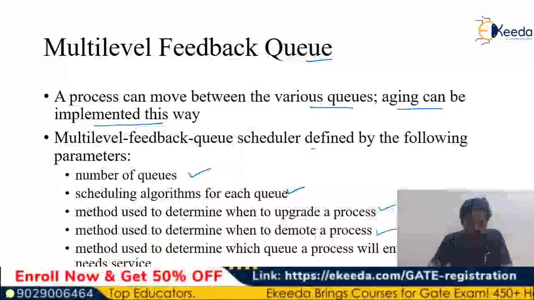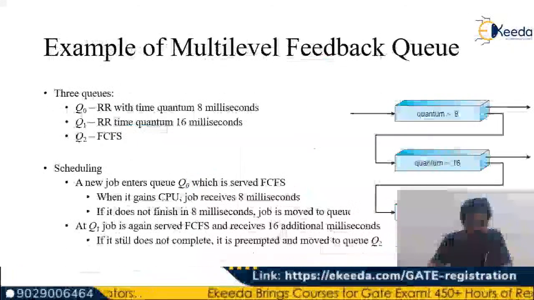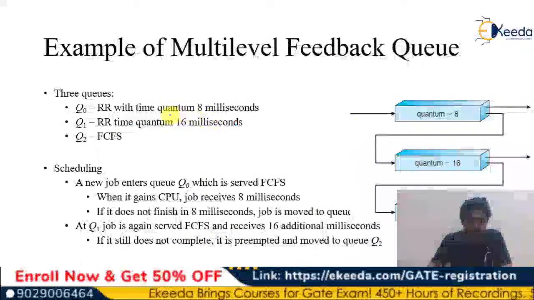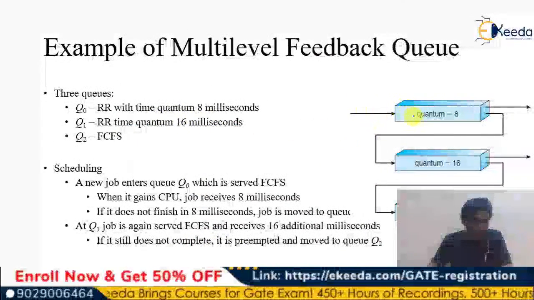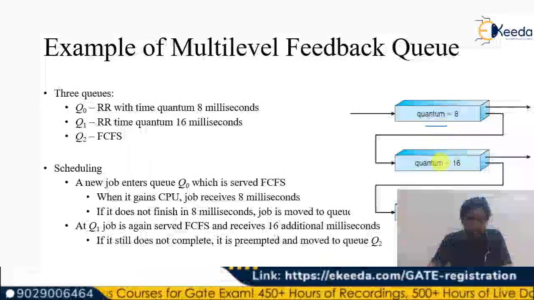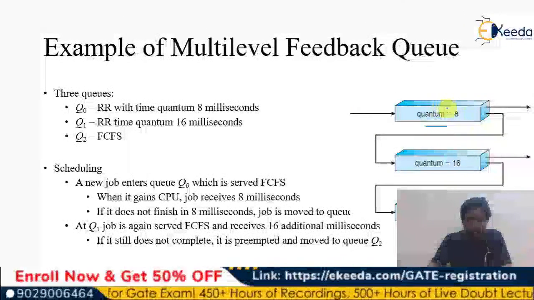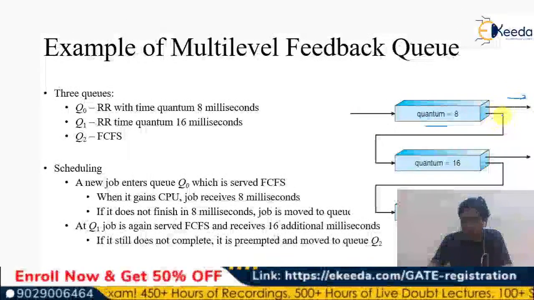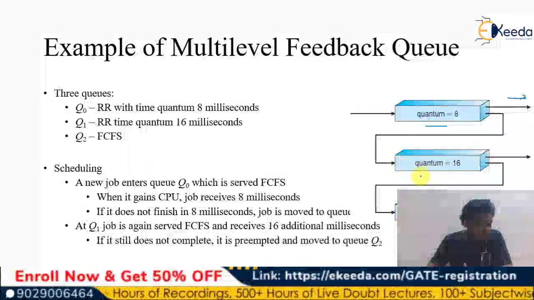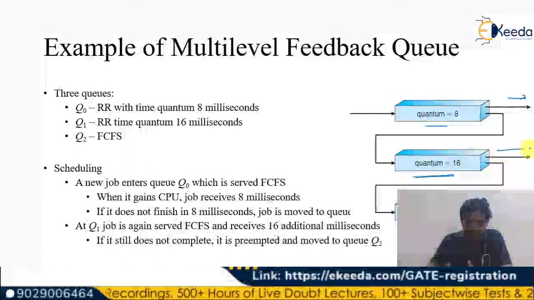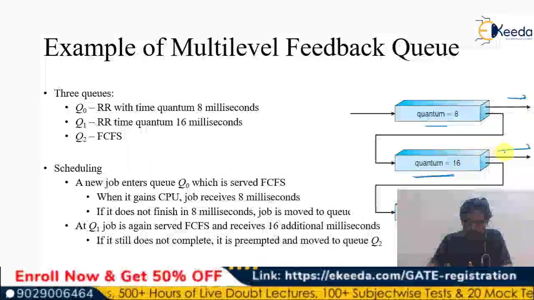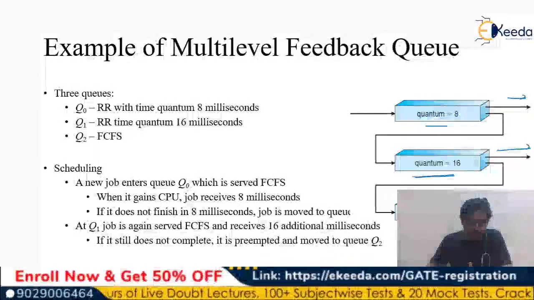So the multi-level feedback queue looks something like this. We have three queues: one with time quantum 8, which takes out some processes with a smaller time quantum, then feeds back to the queue with quantum 16, which takes out some processes, and then they are fed back to FCFS, where everything will be serviced.